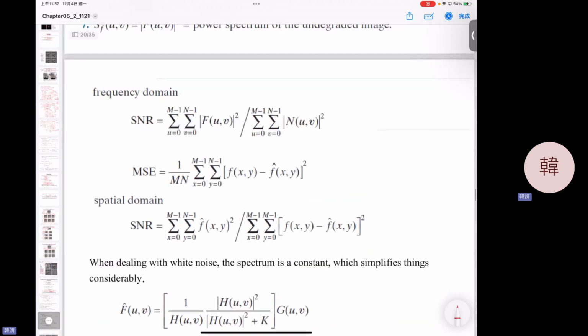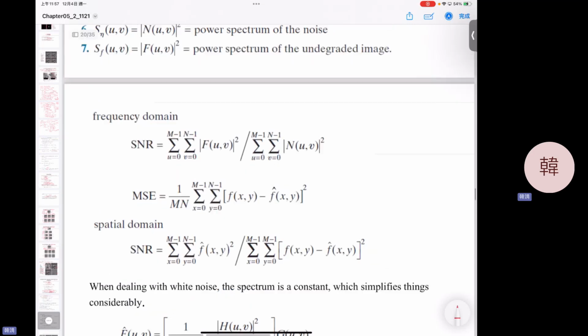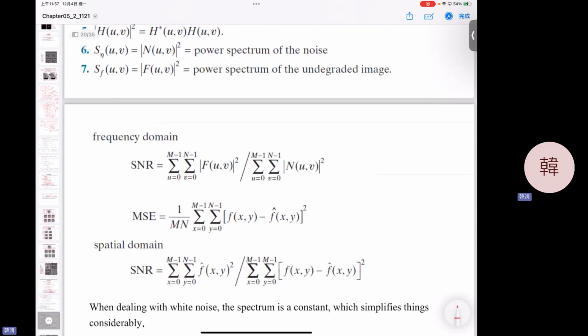Let me define the signal noise ratio first, and we will finish today's talk. How can you measure it? The signal noise ratio is the way you evaluate the result. In the frequency domain, you take the squared absolute value of the signal spectrum and sum it together, which is the signal energy.